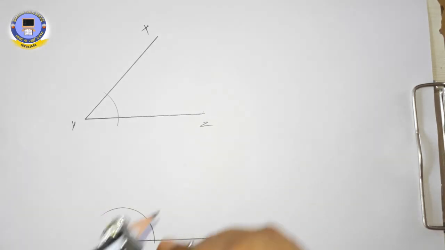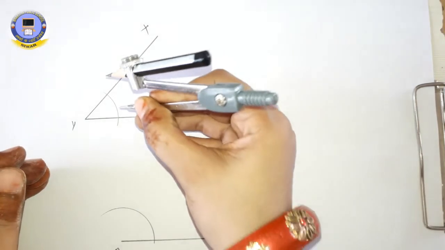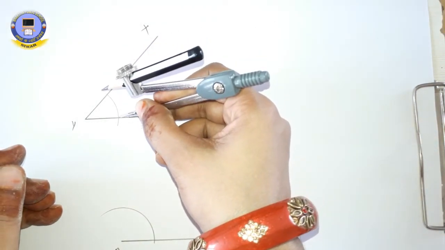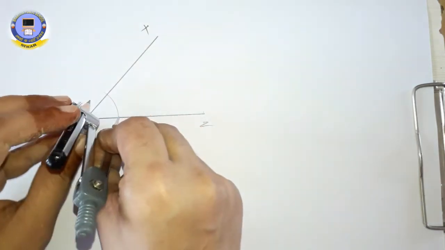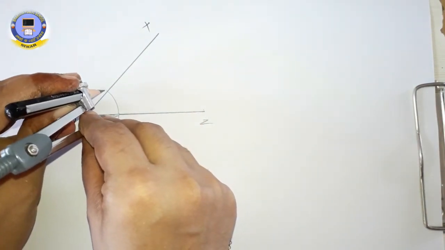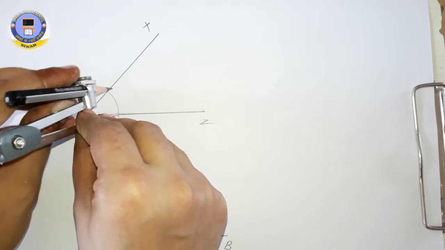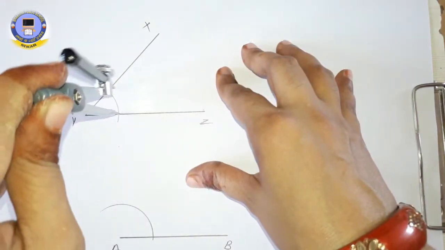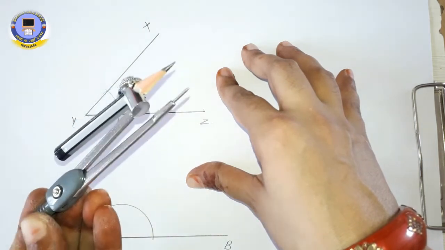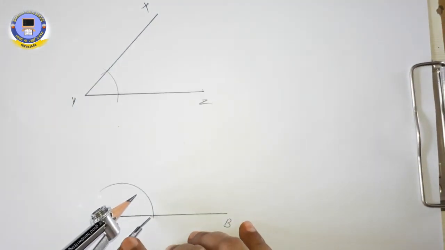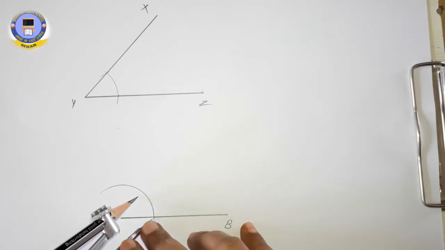Now measure this angle with the help of the compass. How will you measure? We keep our compass pointer at this point and open it up to that angle. Now with the same radius keep your compass pointer at this point and cut an arc.